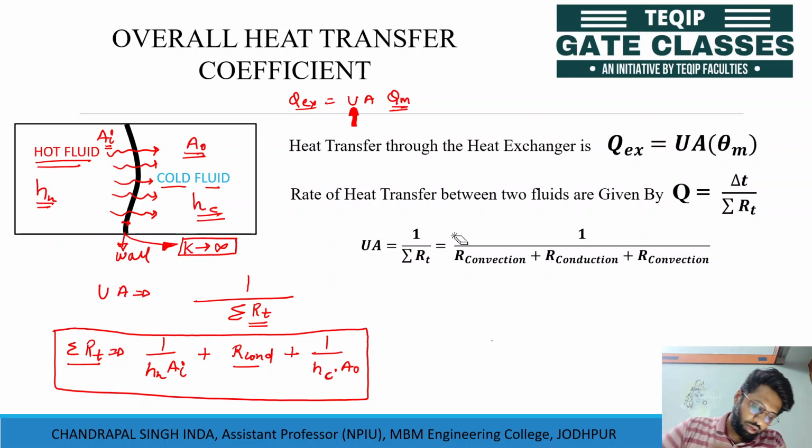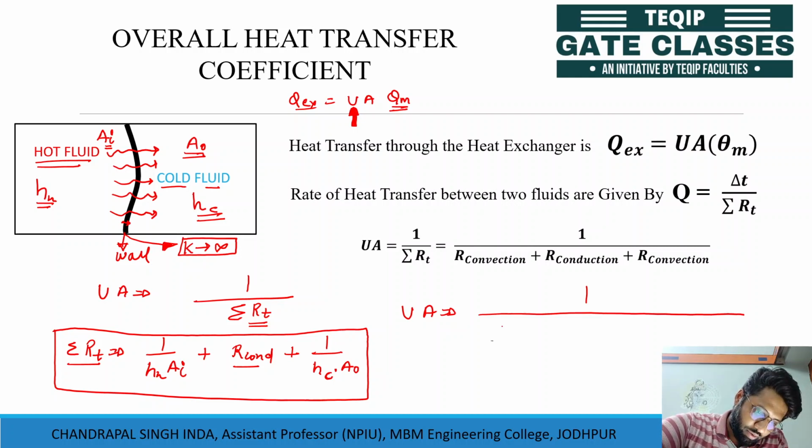Now we have calculated the UA. If the separating wall is a plain wall, in that case UA is equal to 1 divided by 1 upon hh A inner plus R conduction plus 1 upon hc A outer.